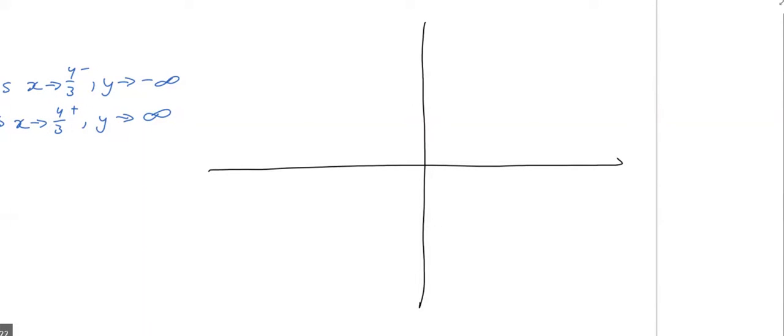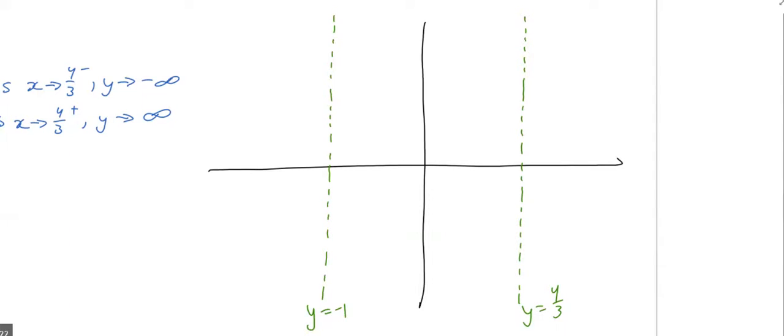So I have a vertical asymptote, and we're going to label them, at x equals negative 1. And I've got one at, is that over far enough? x equals 4 over 3. And my horizontal asymptote is a bit less than 1.